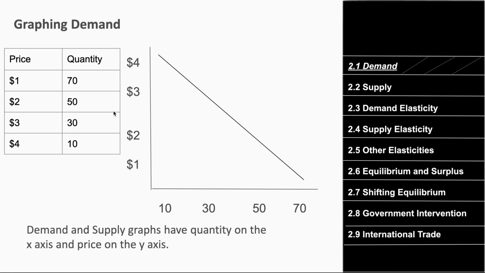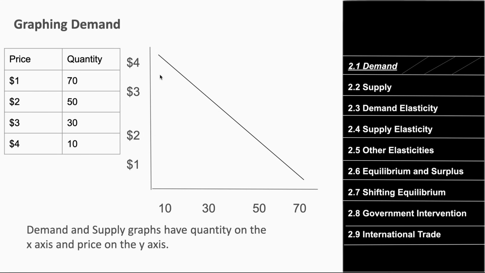So here we have a demand graph, where the y-axis is price and the x-axis is quantity. This is the quantity demanded, and this is the price at certain levels. Here is a little chart which shows you different points: $1.70, $2.50, then $3.30, and then $4.10. So we see it's a downward sloping graph.